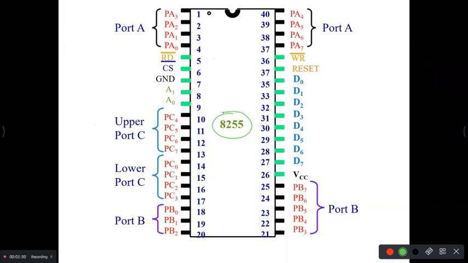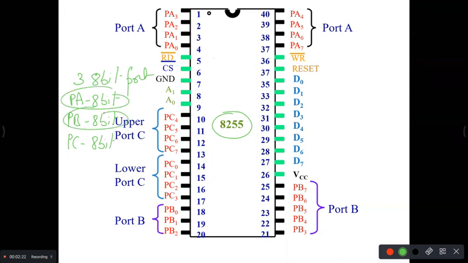More importantly, it has got 3 8-bit ports. You have port A, which is an 8-bit port, port B, which is also an 8-bit port, and port C, which is also an 8-bit port.